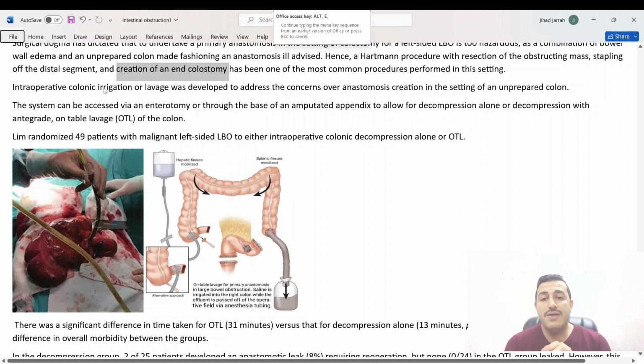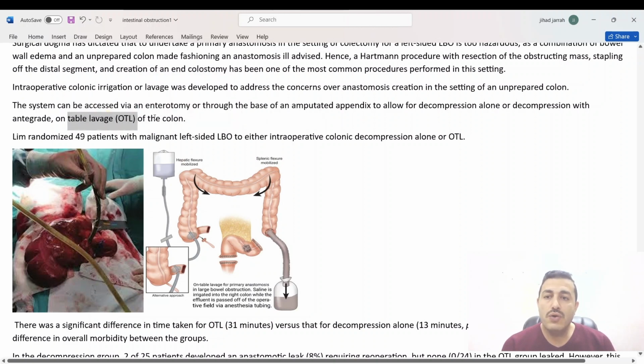They deal with these problems with, for example, lavage. Here they review how we can do what they call an on-table lavage, OTL, of the colon. They actually intubate the appendix stump and they do lavage. This is if you are thinking of stoma or of anastomosis intraop, or simply decompression alone.